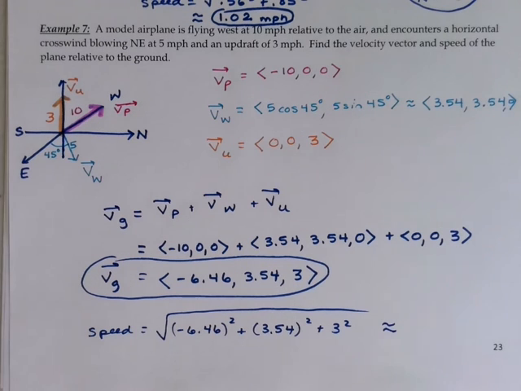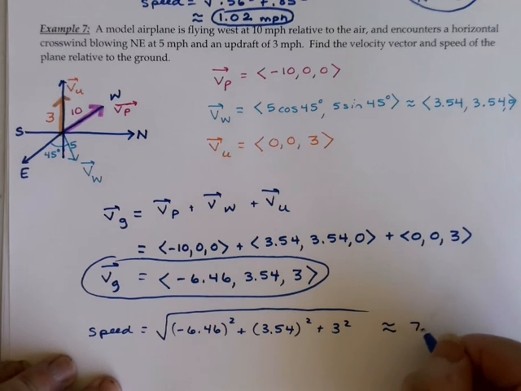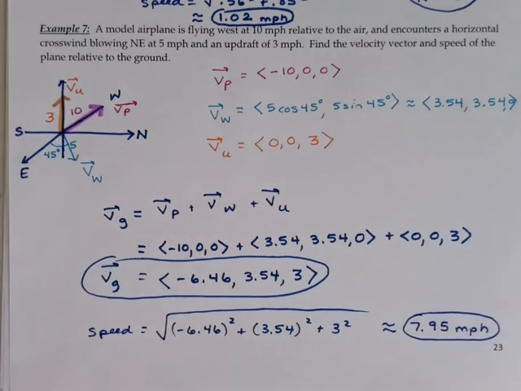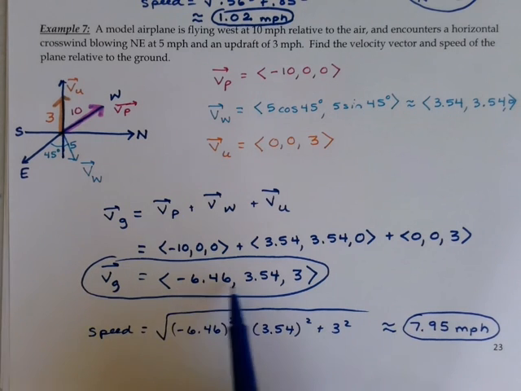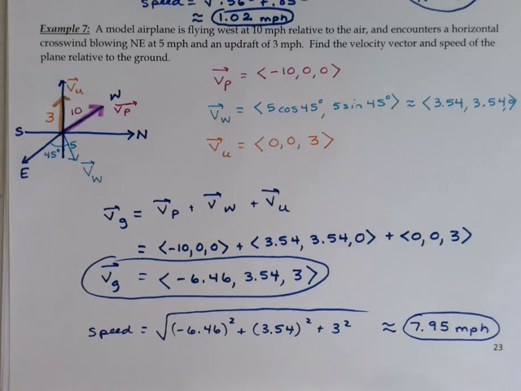And we'll just round that off to a couple of decimal places as well. And that comes out to about 7.95 miles per hour. Again, three-dimensionally, the only direction we'll ever give is the actual vector itself, so I wouldn't ask you for a direction in a three-dimensional case.